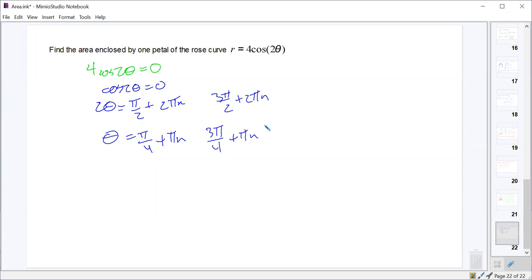And so what are 2 consecutive values at which R is equal to 0? Should just be pi over 4 to 3 pi over 4. So we're going to integrate 1/2 of the R value squared d theta, which is going to put, first off, what constant out there?